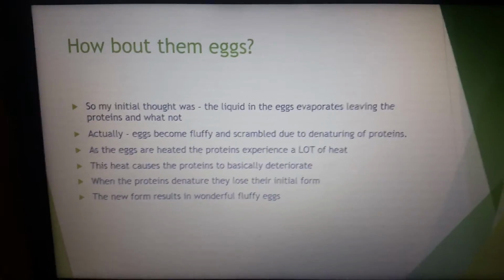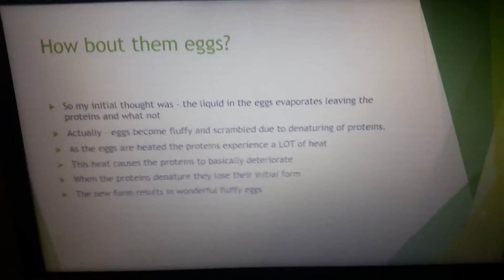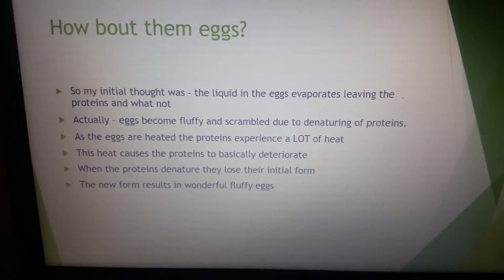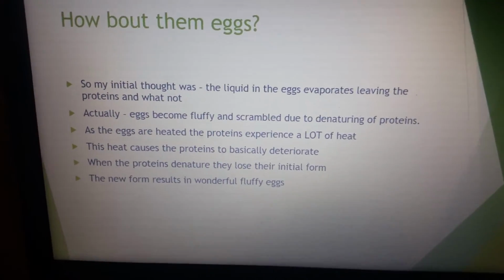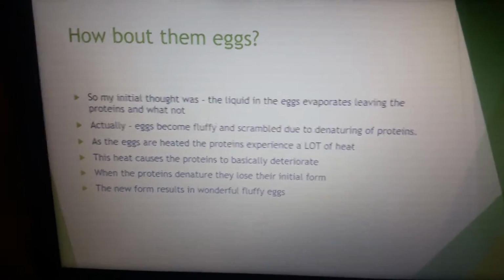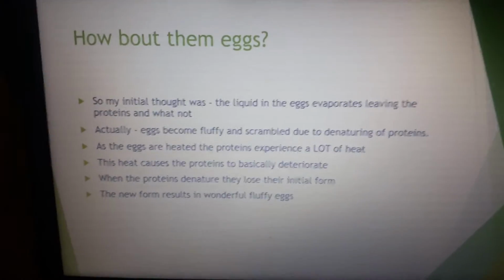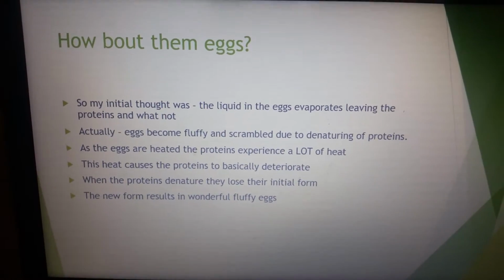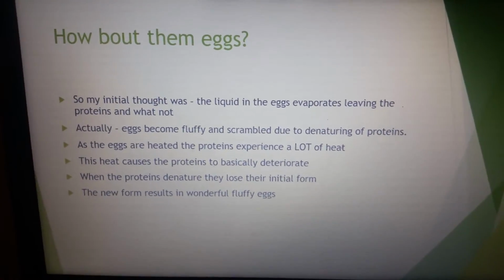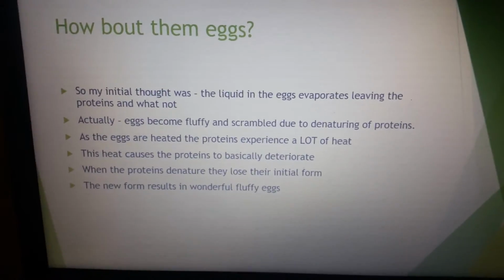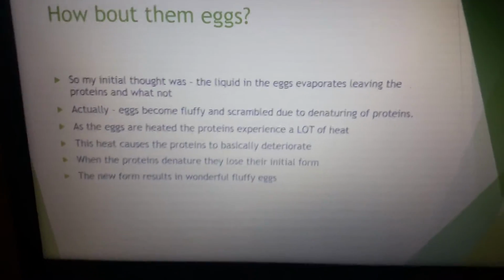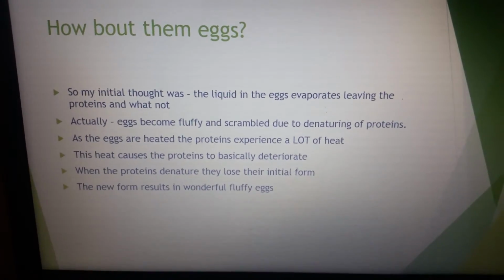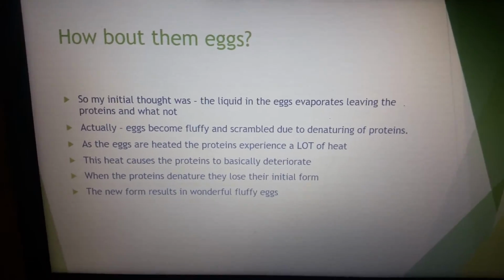Moving on. Eggs. So my initial thought was that the liquid in the eggs was evaporating, and it was just leaving the solid portions and the proteins and whatnot. I learned about this last year in cell physiology and BME, and it has a lot to do with proteins. As the eggs are heated, you're basically deteriorating the proteins, and you're making them change form.